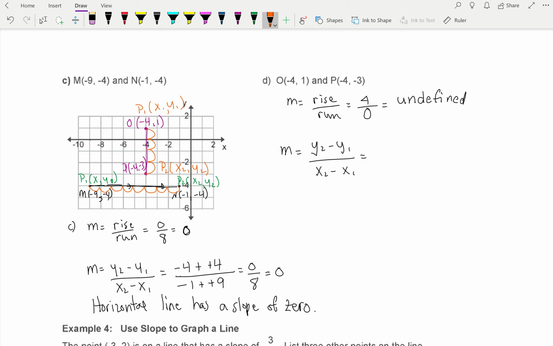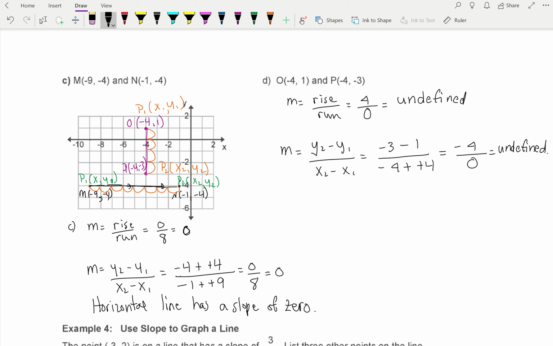Okay, and hopefully at this point you have figured out that it really doesn't matter which point is point 1 and which point is point 2. All right, y2 then, according to this, is -3 minus y1, which is 1, and x2 is -4 minus x1, which is -4. Remember, minus a negative is positive, so in the numerator, -3 minus 1 is -4, and in the denominator, -4 plus 4 is 0. Divide by 0, you get undefined.